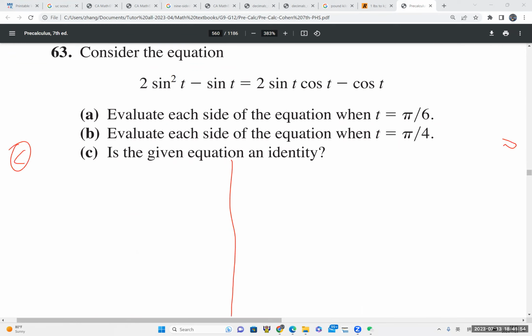Evaluate each side of the equation when t equals this. Yeah, how about A for Neil, B for Ray?